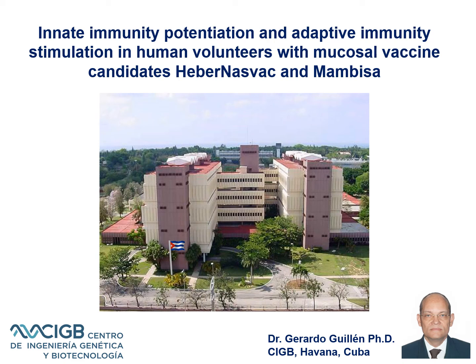Thank you for this opportunity to introduce our results about the induction of innate immunity and adaptive immunity using two different vaccines developed at the Center for Genetic Engineering and Biotechnology in Havana.